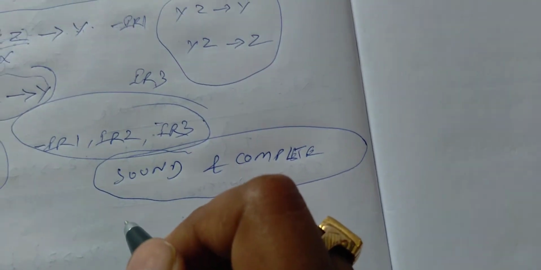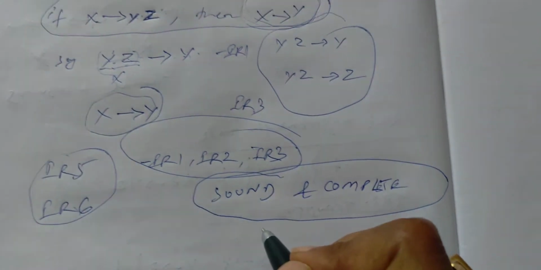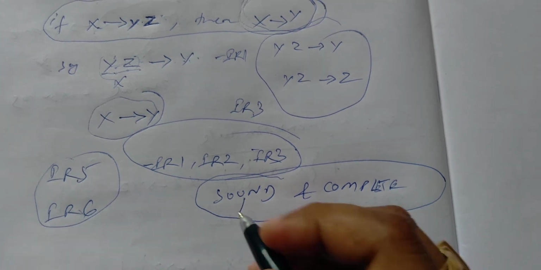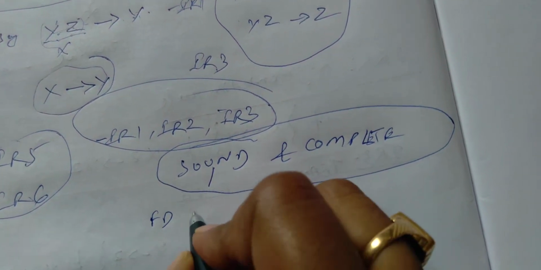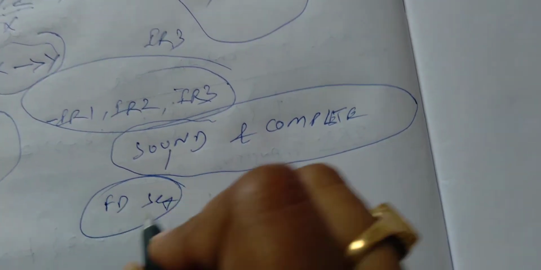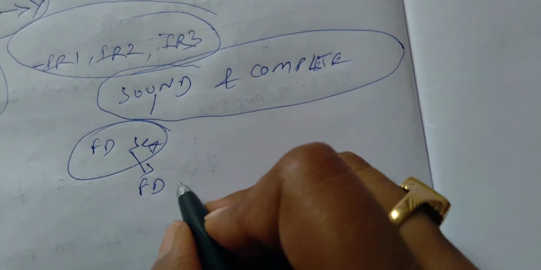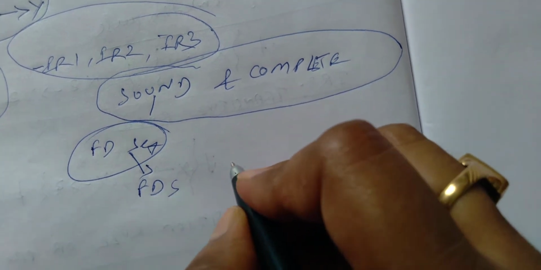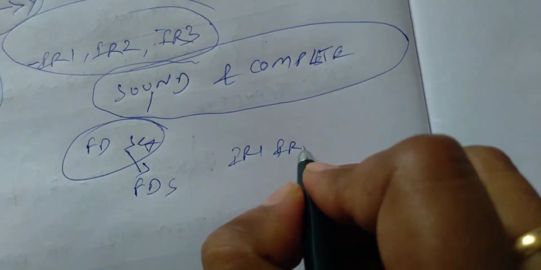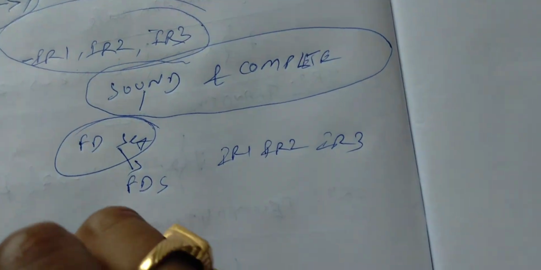These are mostly asked: why are Armstrong axioms called sound and complete? Complete because if given a functional dependency set, from that any possible other functional dependencies you can derive if you apply these three, IR1, IR2 and IR3.